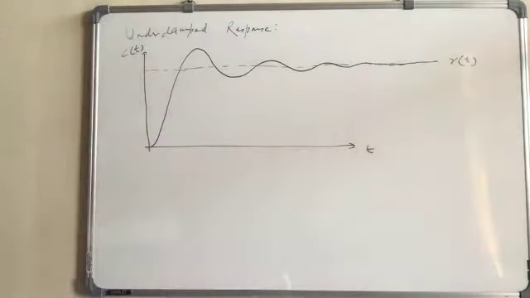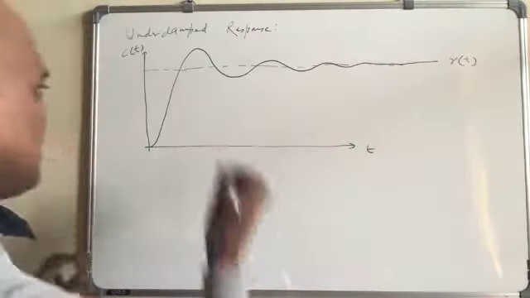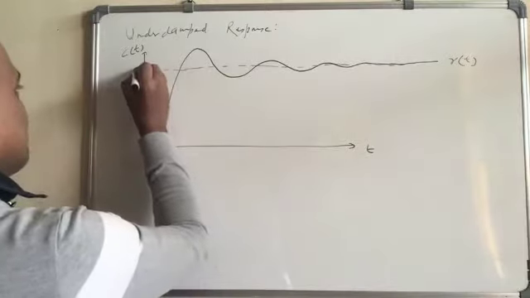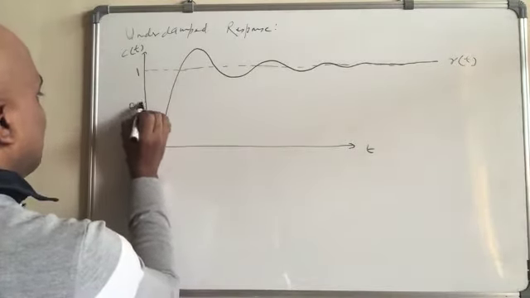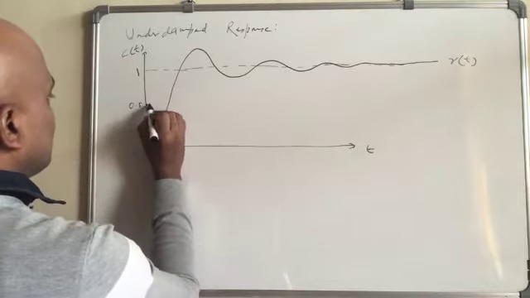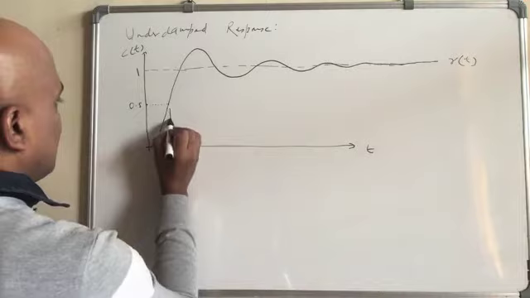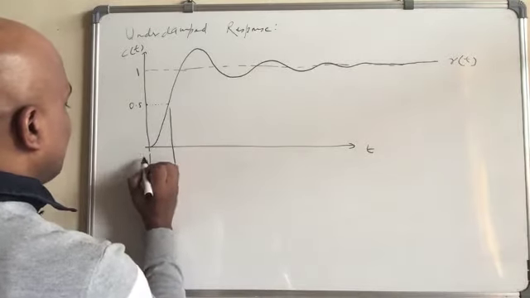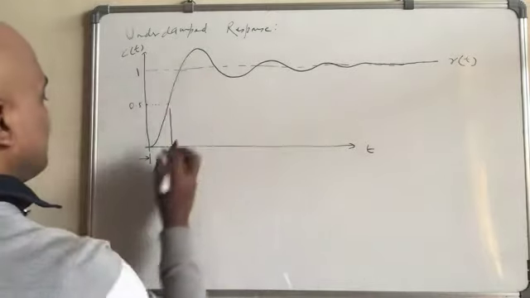Now to characterize the system, there are some parameters. So those parameters are, this is 1. First will be the delay time. Take half of that, this one here: the time to reach half of the reference value.